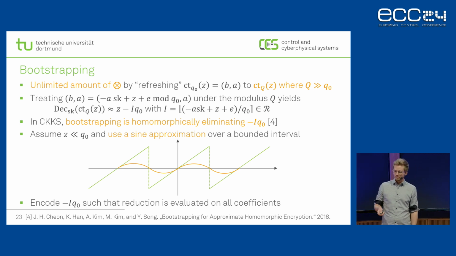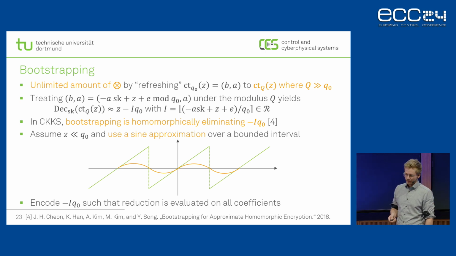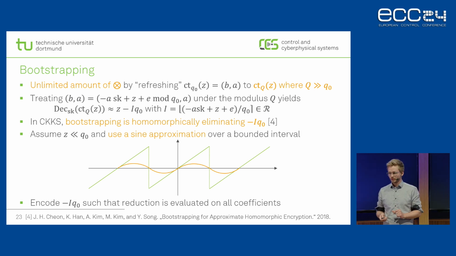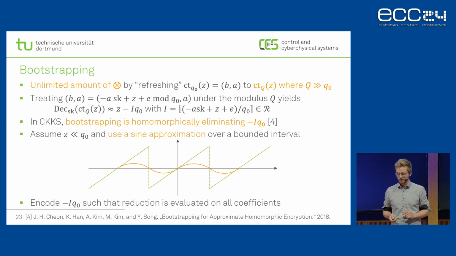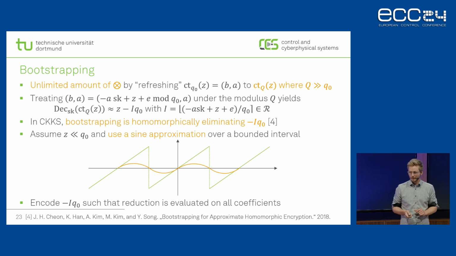In this small region around 0, where our message may be, we have linearity in both the modulo reduction and also in the sine. And this is really what we want for a message, because we do not want to alter the message, but we get rid of the additional Q0 term because we approximate the modulo reduction. That's about what I wanted to say about bootstrapping, just to give you a brief idea.